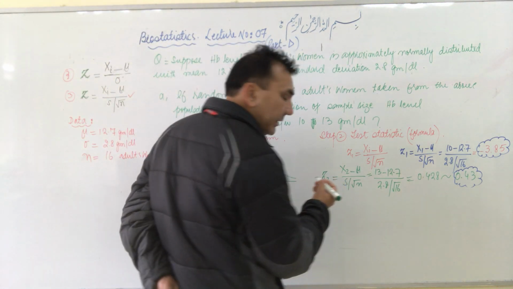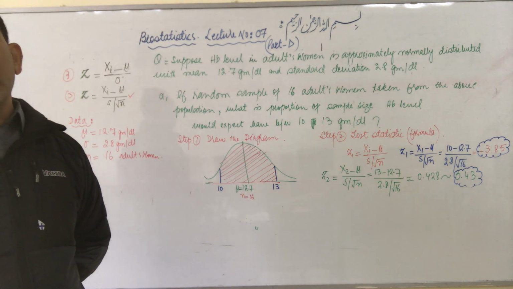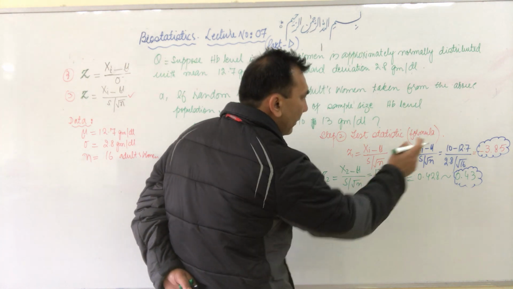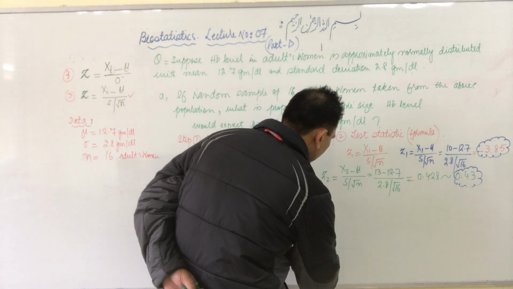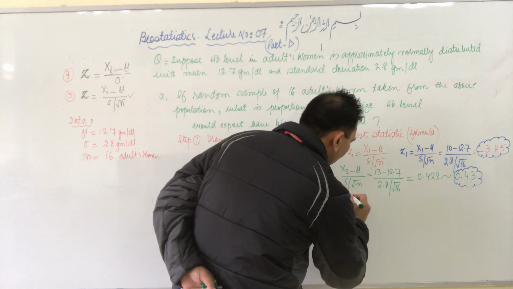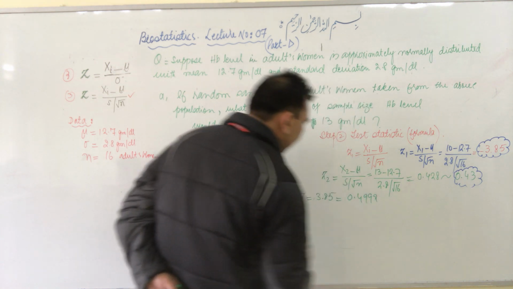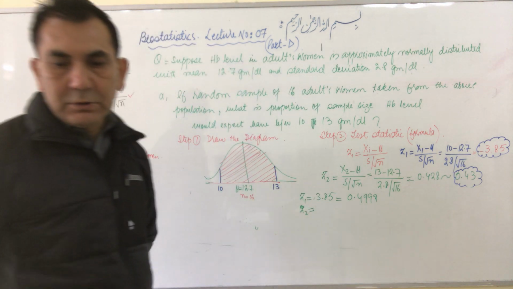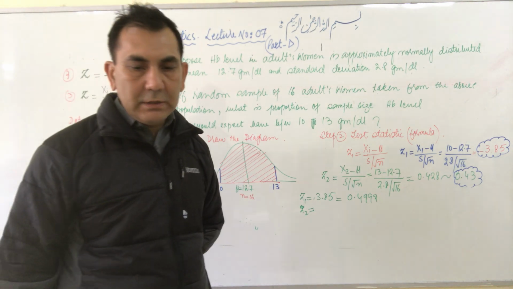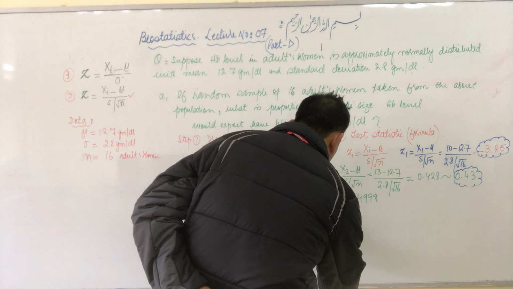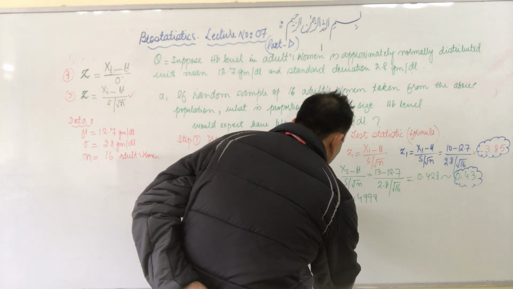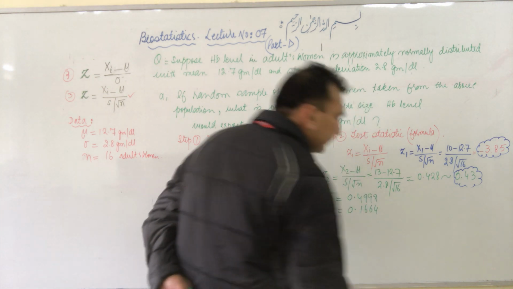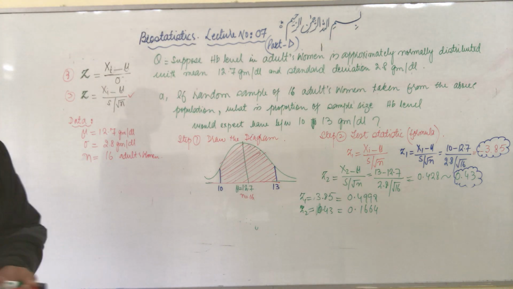For minus 3.85 it is 0.4999, and for Z2 we take the help of the 0.43; it will be 0.1664.